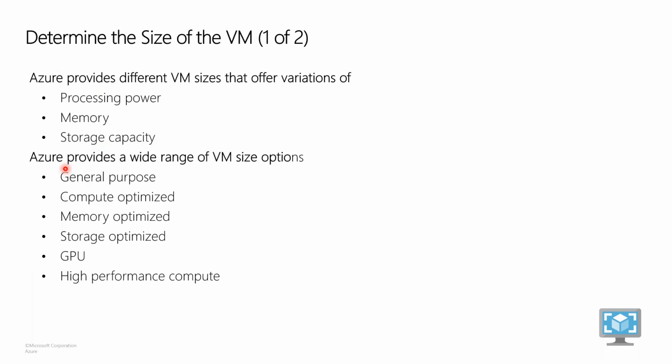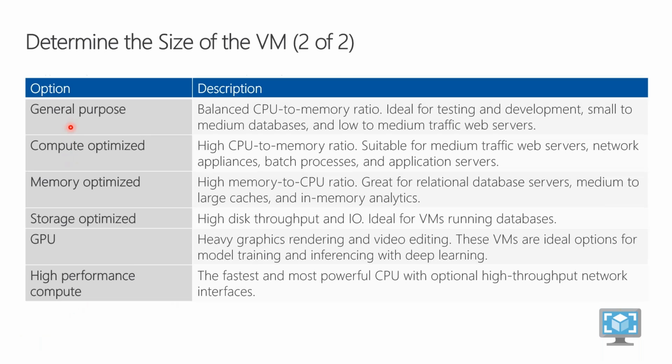Same thing they have done here. For general purpose they have tagged some VMs. For compute optimized they have categorized some VMs. Even for memory optimized, storage optimized, or if it is gaming, where they want high GPU, and high performance compute VMs.